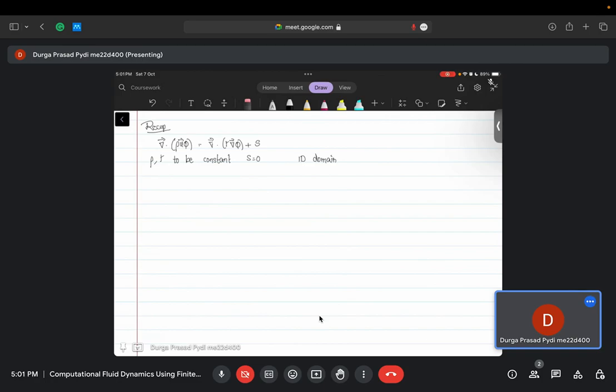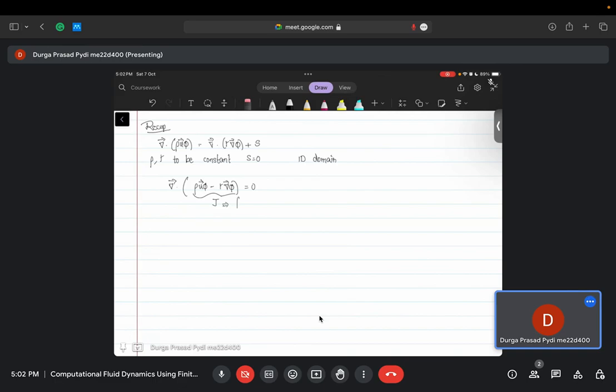Then you can write this as del dot of rho u phi minus gamma del phi equals 0 when S equals 0, and I can write this term essentially as some J.